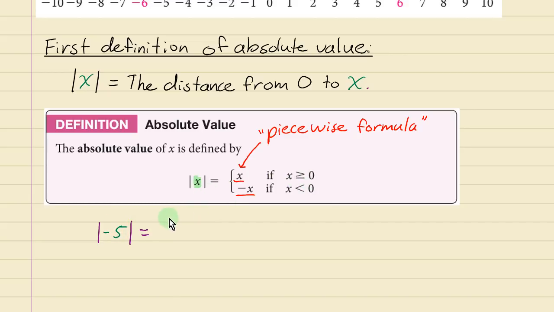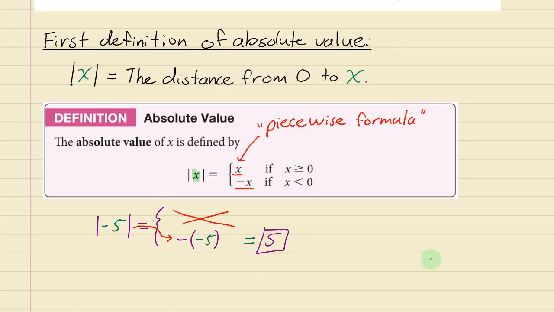So that means if I'm using this formula, we're going to go to the second part, the negative x. We're ignoring the first part there, because x is not greater than 0, so we're going to get negative negative 5, which then is just equal to positive 5. So that's how to read that.